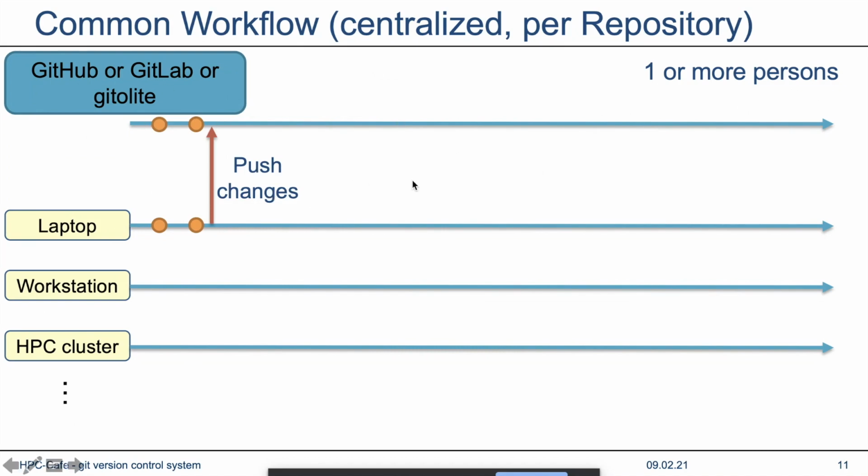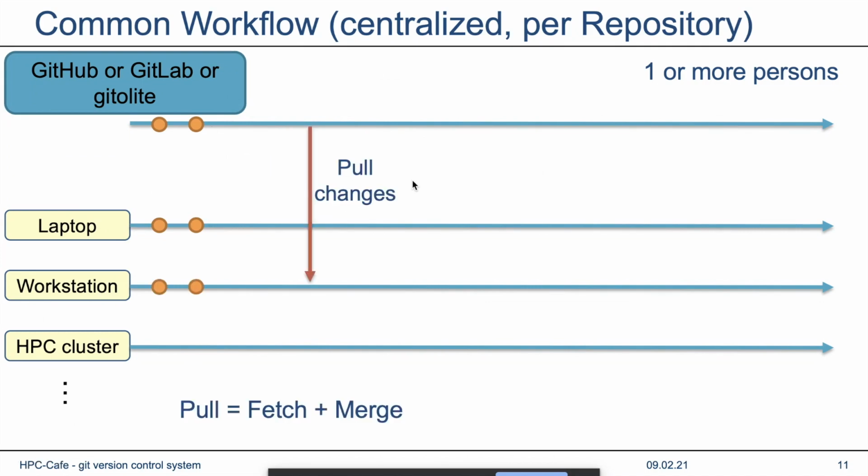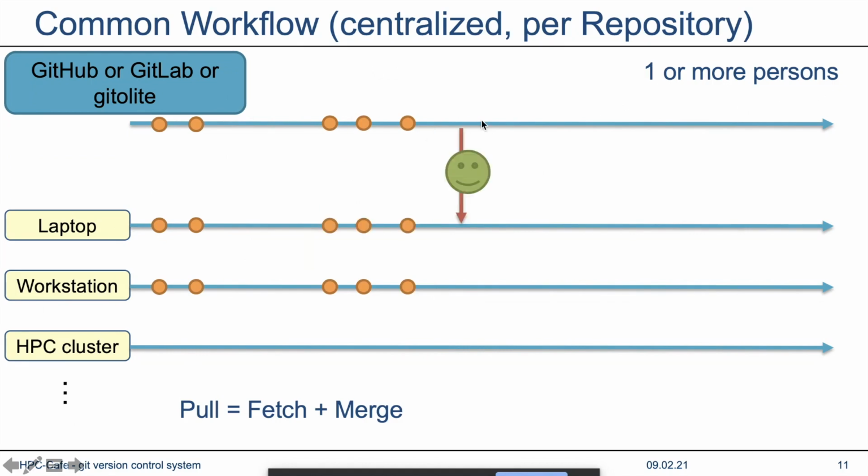Next, maybe you want to work on your project on the workstation. The first thing before you start is you pull those changes from the server. Now you have on the workstation the same state where you left off on the laptop. You go on with work, add additional revisions, and push those revisions again to the server. Now you want to go on the laptop and again pull, and so on.